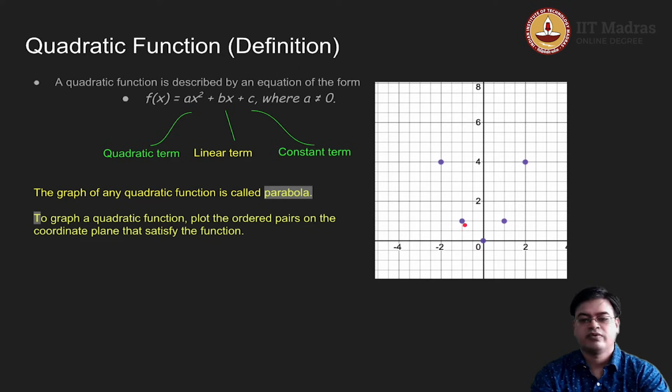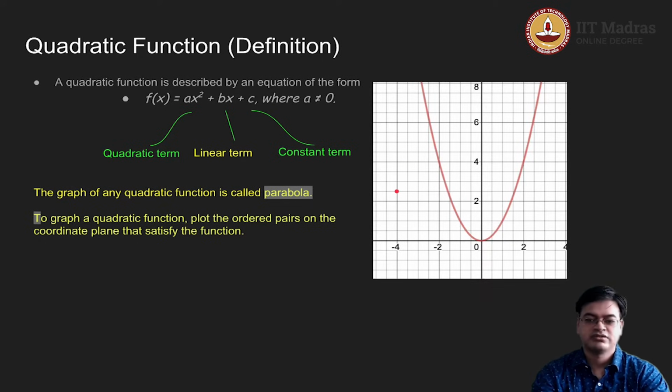I will get 1. For minus 1, also 1, and then if I take 2, I will get 4, and if I take minus 2, again I will get 4. So y is equal to x square can be easily plotted by joining these points smoothly. This is the curve y is equal to x square. This is how we plot our quadratic function.